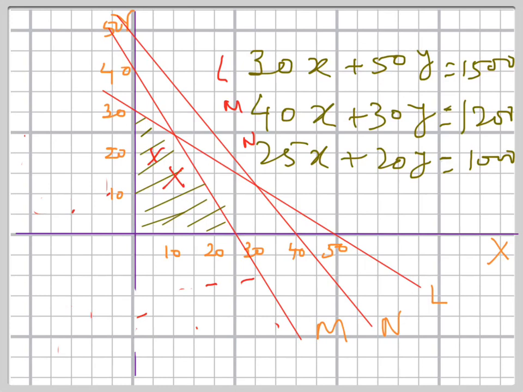Now whatever the profit line be, generally for the optimum solution you will find that if you try to increase the profit value, then somewhere at the extreme points, like maybe here or here or here, you get the maximum profit.